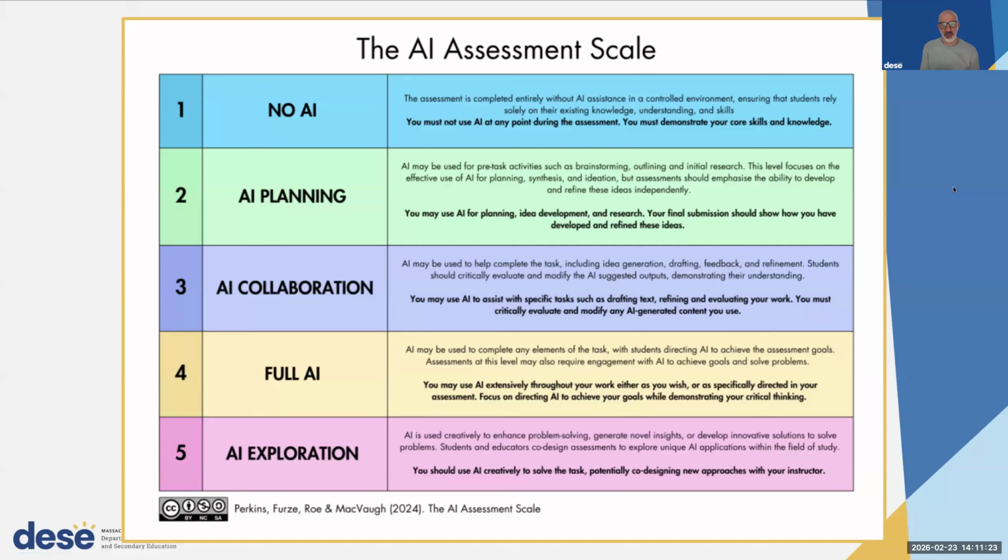I think another thing to keep in mind, even when using a helpful model like the AI assessment scale, is the language in bold at each level: you may use AI to assist for specific tasks like drafting, refining, or evaluating. This is at level three, the AI collaboration level. Students may still need the prompt or may still need to be coached on what the interaction looks like.